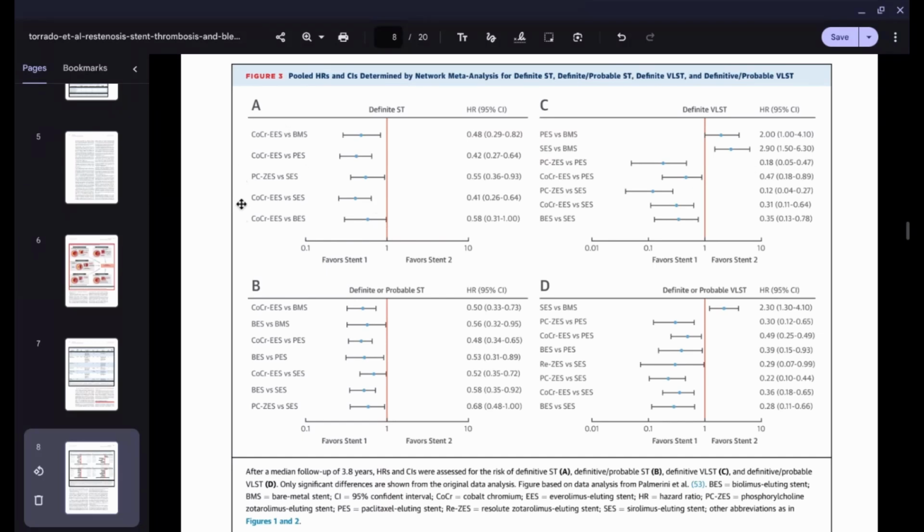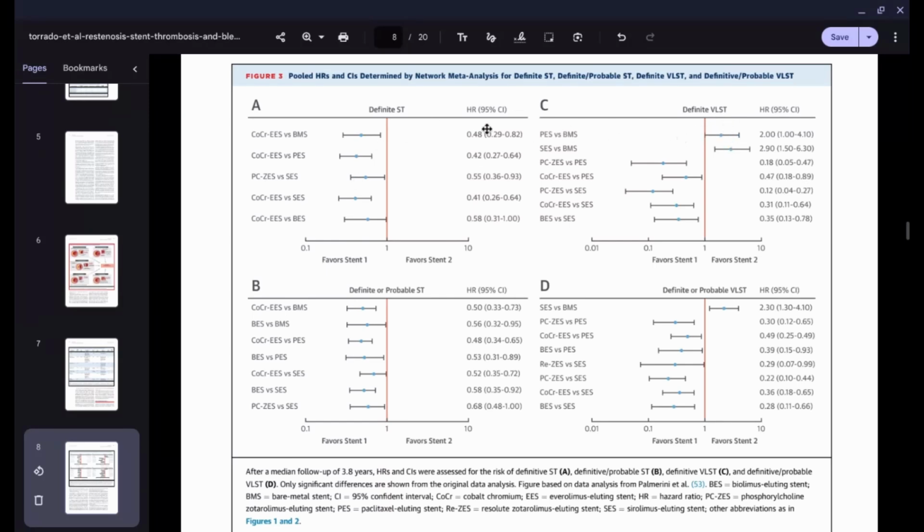Notice in all these comparisons against bare metal, you have the drug-eluting stents, the paclitaxel one and so on, on the left side performing better. Very rarely is the bare metal stent performing better.